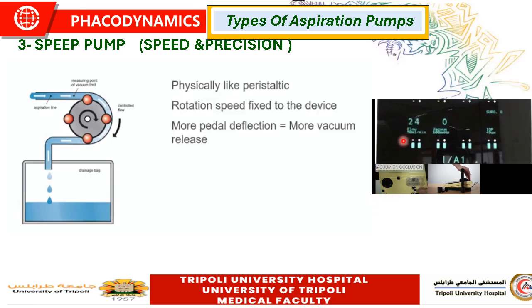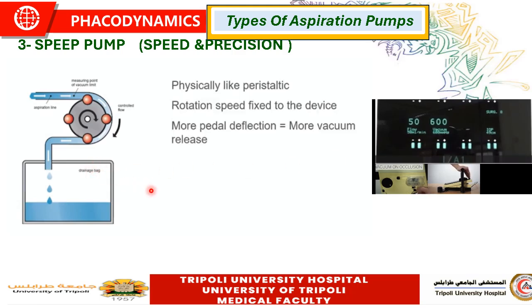As you can see, the aspiration flow rate goes very fast, and the vacuum is not built up because there is no occlusion. Once he occludes the tube for the aspiration, you see the vacuum reach the preset value of 600 within seconds. Similarly, when he releases the foot, the vacuum drops down. So there is linear control for both the aspiration flow rate and the vacuum, which is peculiar to this type of pump.